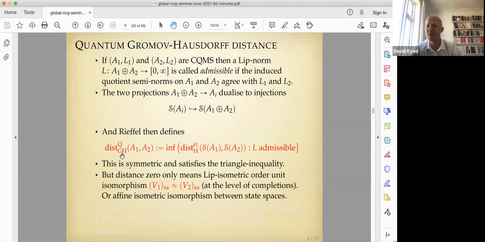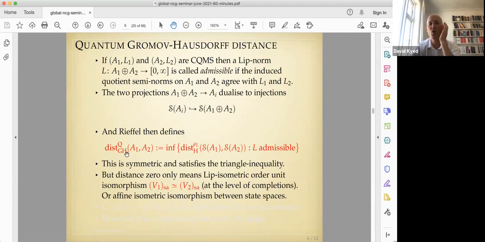And this has the nice quality that distance 0 actually means that you get an honest star homomorphism, intertwining the Lip norms. But the upshot, or the price to pay, of course, is that the definition is much more complicated to work with. So I will refrain from doing that and simply stick to Rieffel's notion throughout the talk.